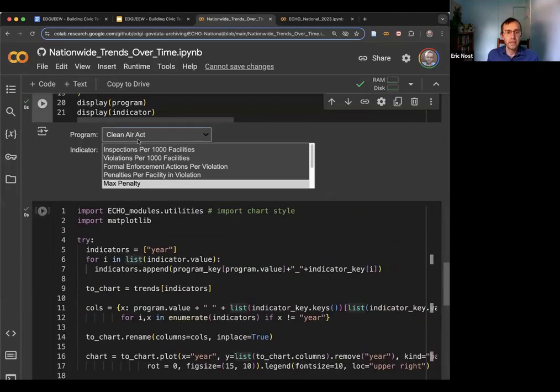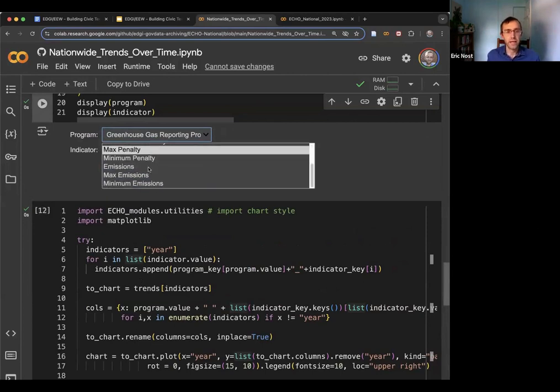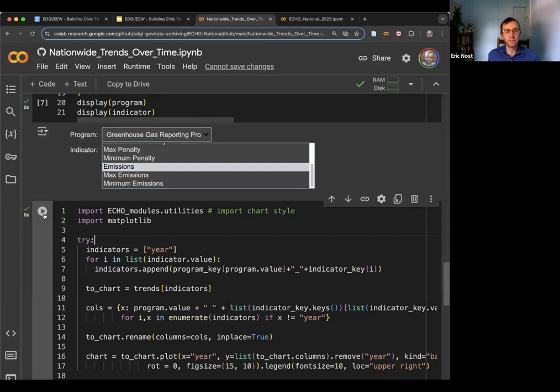Finally, although there are no legal limits federally to greenhouse gas emissions for facilities, many of them are required to report greenhouse gases to the EPA, and we can look at some of that information as well. So we look at emissions here.